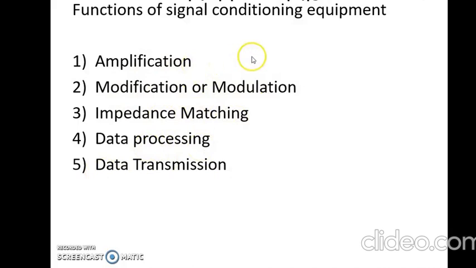So let us see amplification. Amplification means increasing the level of the signal or enhancement of the signal level. Here, sometimes the output electrical signal of a transducer may be very low in magnitude, so it requires amplification.